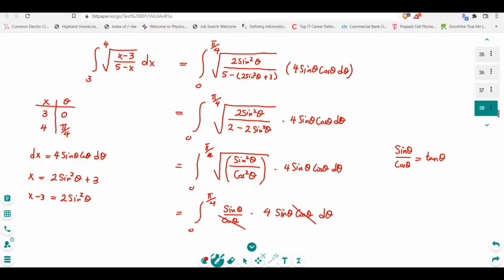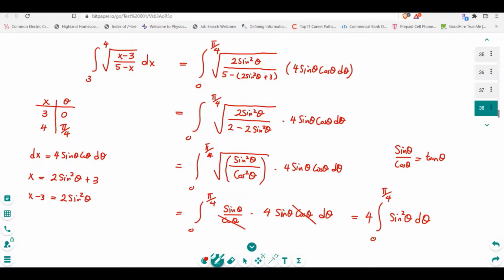So we are going to get, as a result, I can take the 4 out of the integral, 0 to pi over 4. We have sine squared theta d theta. So now our integration has simplified into taking the integral of sine squared theta.